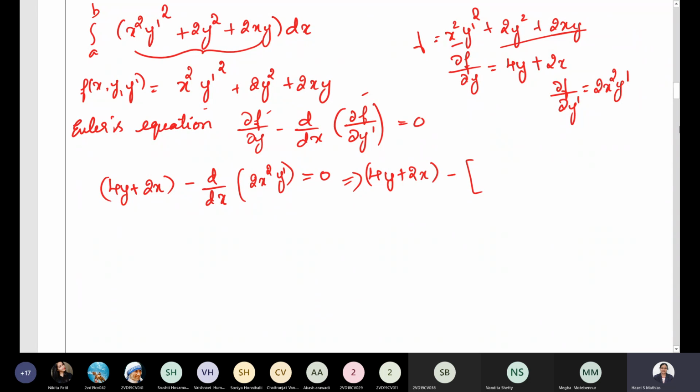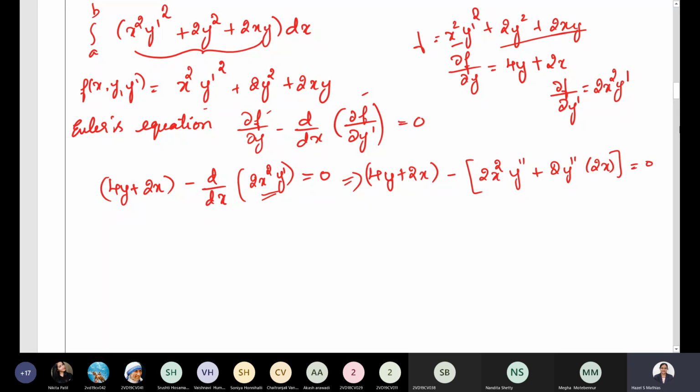So we have to differentiate with respect to x. That means we apply the product rule: first term into differentiation of second, so 2x² into y'', plus y' into differentiation of 2x², which is 4x. That is equal to 0.